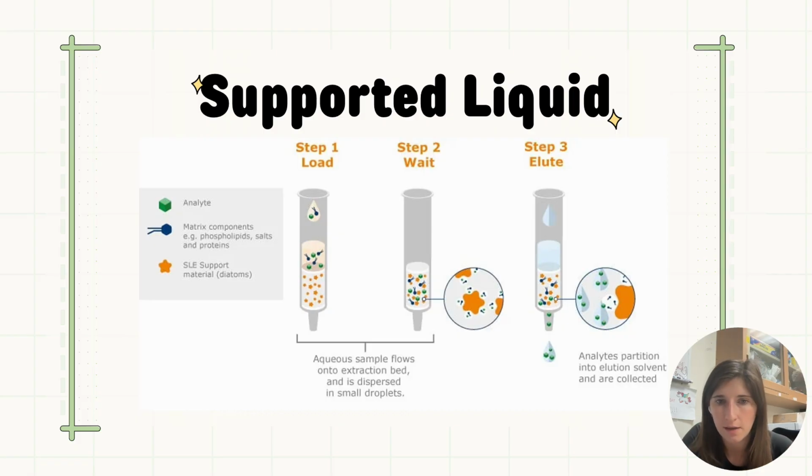At this point, the analyte and the SLE material are going to interact, and then eventually the analytes are going to be partitioned into the elution solvent and be collected. So all of the dirtiness that's inside of the samples is going to get stuck to the sorbent pad, and you're going to have a clean analyte come out with the elution solvent.